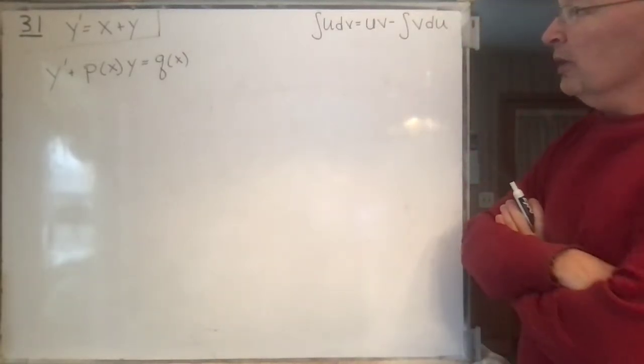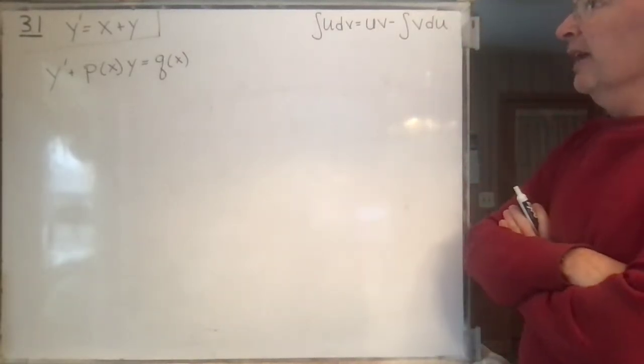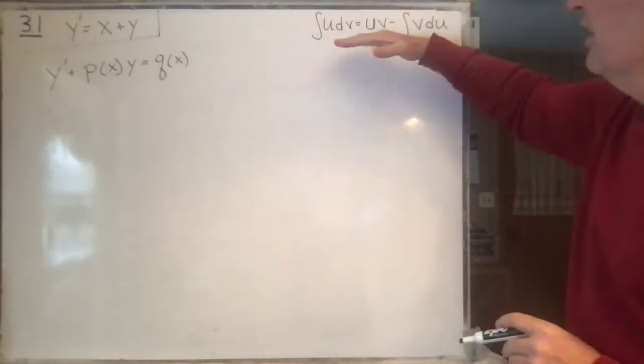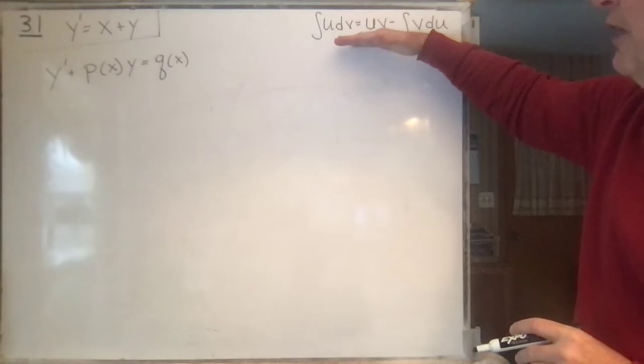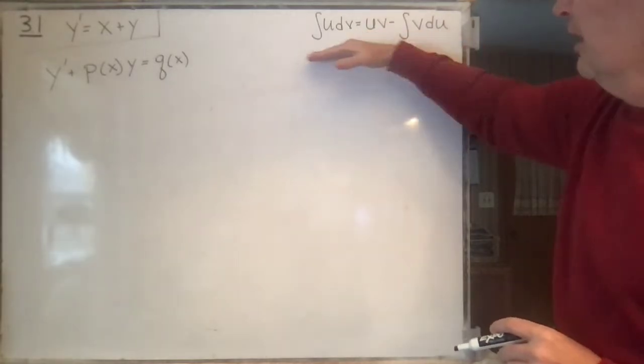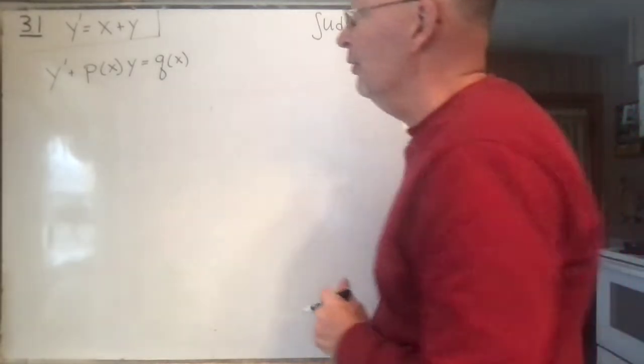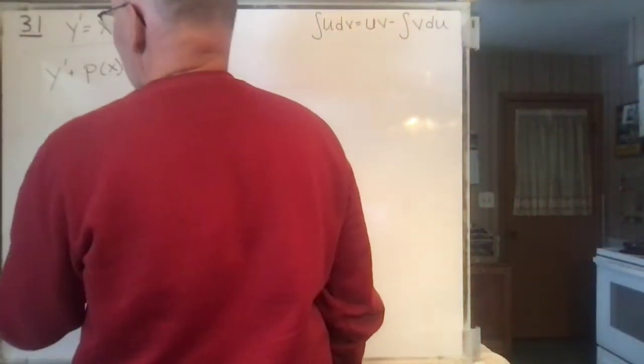Okay, so how do we go about solving that? And it turns out that the way we get the solution to this is very similar to how we found the formula for integration by parts. We do something kind of similar. Here's what we do. It's a very clever idea.